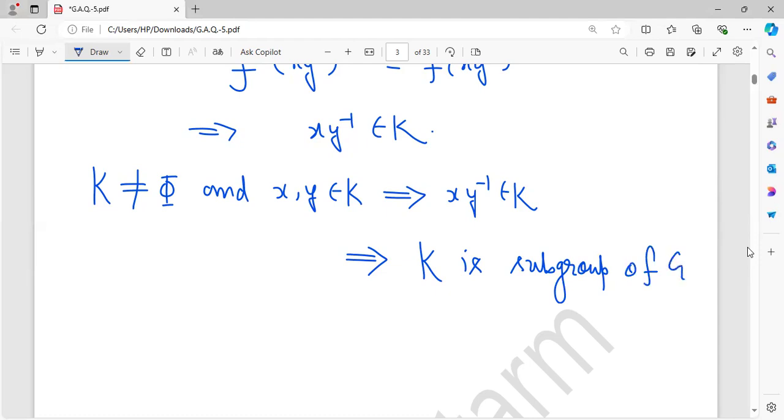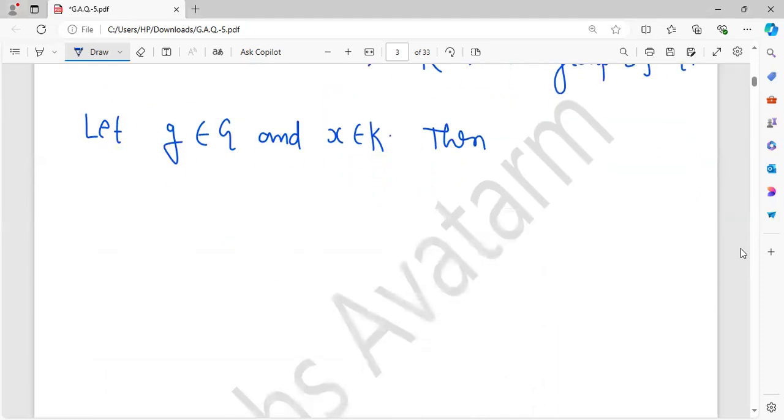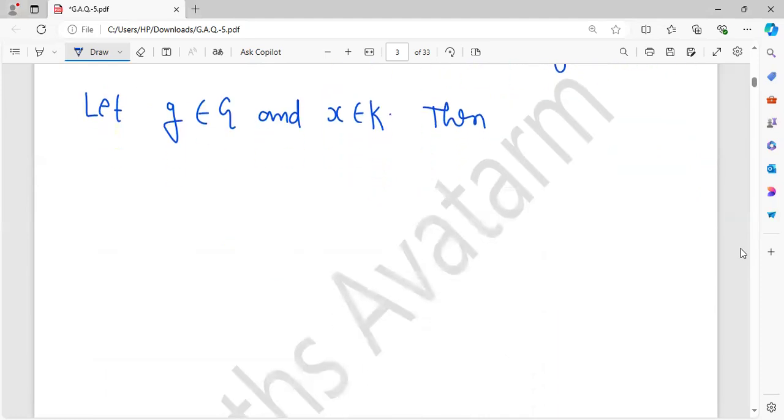Now we will show that K is a normal subgroup. Let g belong to G and x belong to K. Then we need to show that g⁻¹xg belongs to K. So what we will do, we will take f² here.